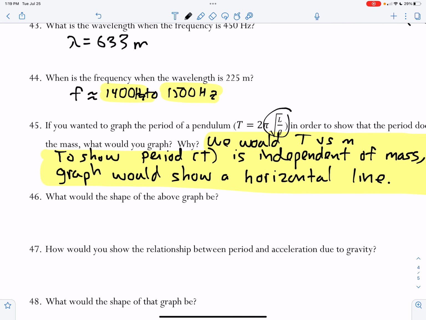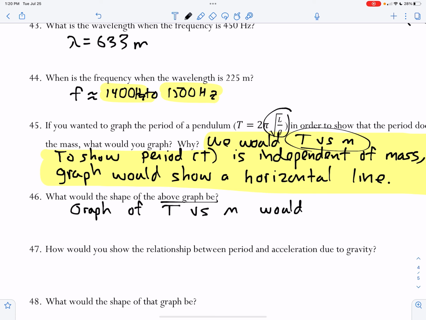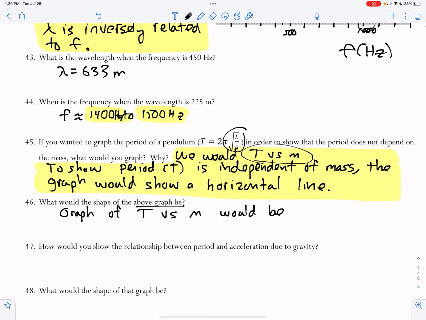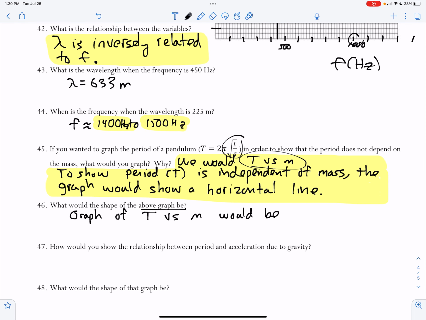So T, well, actually, I'm sorry, the graph of period versus the mass, excuse me, not this right here, period. So the graph of period T versus the mass would be horizontal because it would show no dependence. It would show independence. So when it's flat across, one variable does not depend on the other. So it would be horizontal.